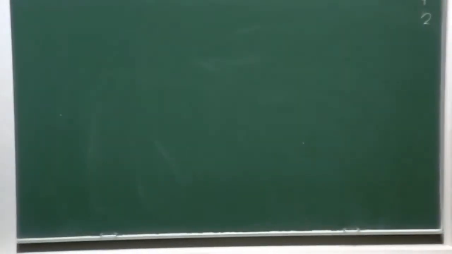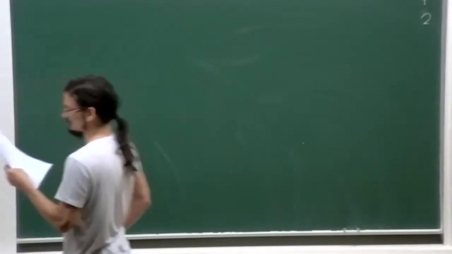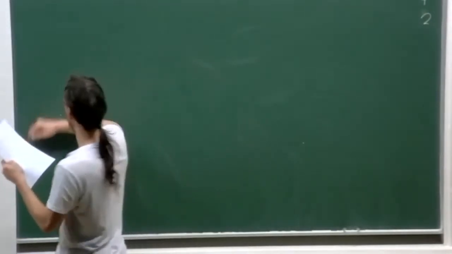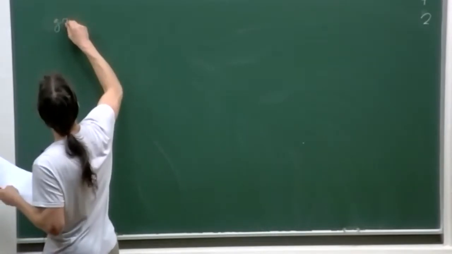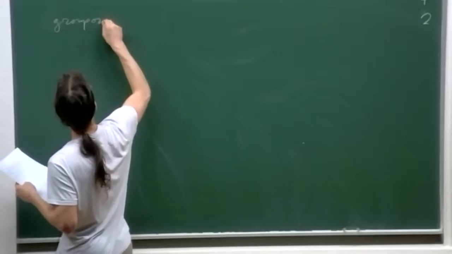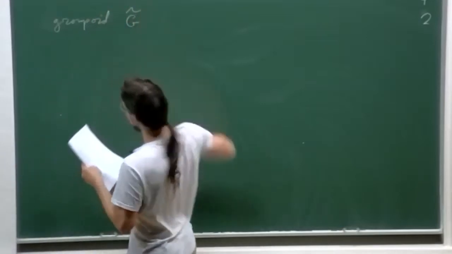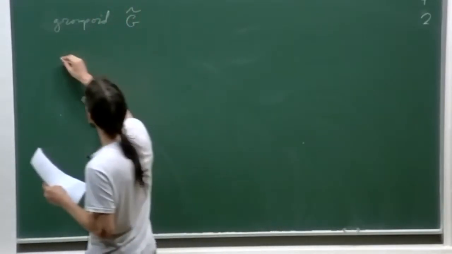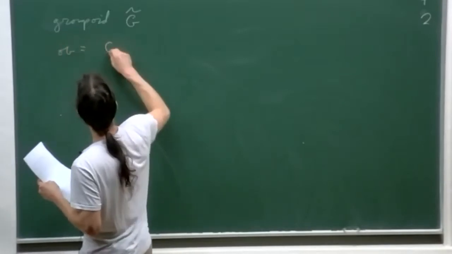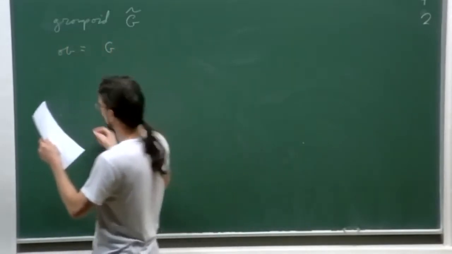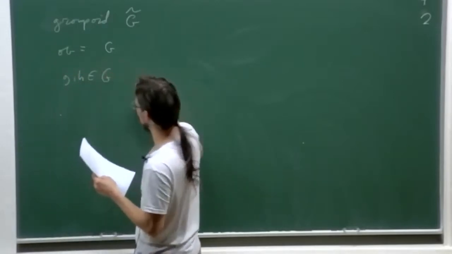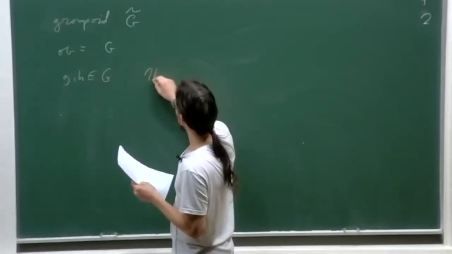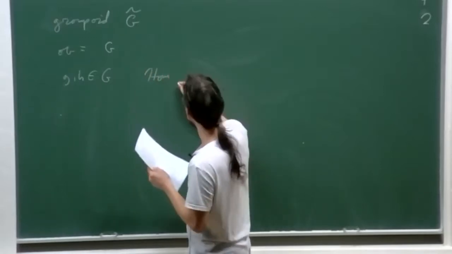The other thing you can do is have a similar construction for the universal principal bundle. Then you can take the groupoid G tilde, where the object set is G, and for two entries G and H in G, the Hom set is a singleton.